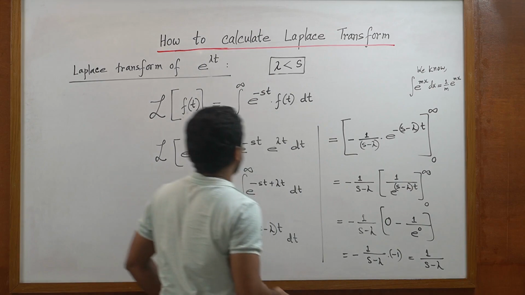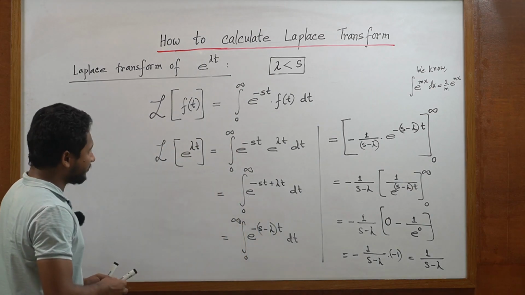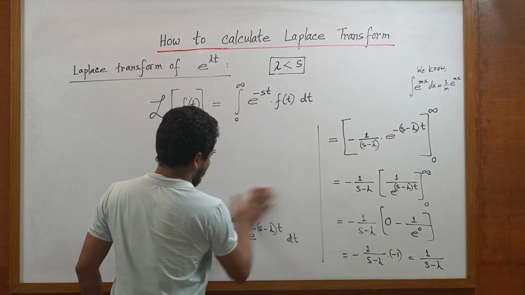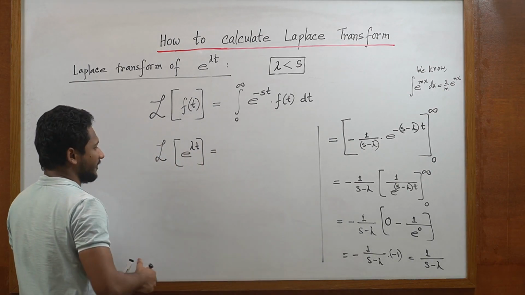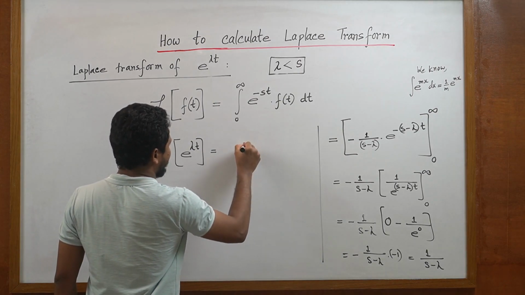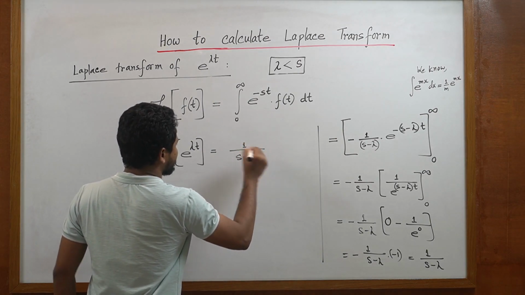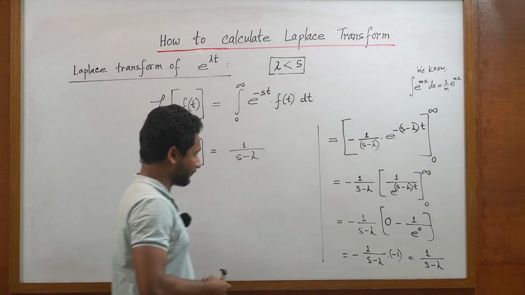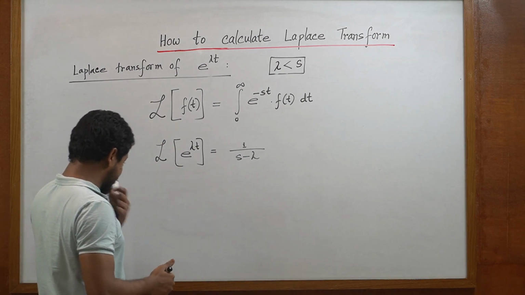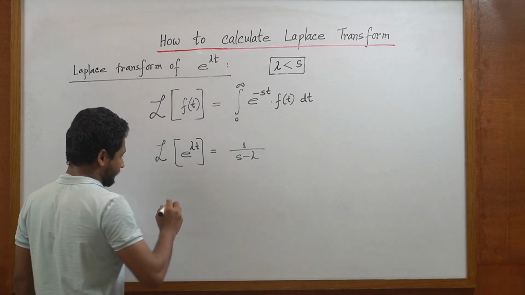So we get the result 1 by s minus lambda.